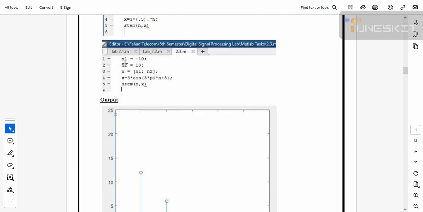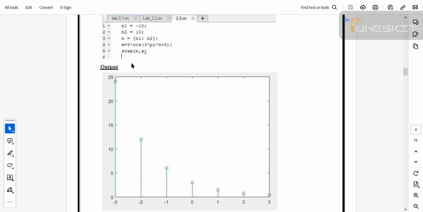For the second part, we have n1 equal to -10 and n2 equal to 10, so the range is -10 to 10, and the given function is x equal to 3 cos 3 pi n plus 5, that is a cosine function, and we are using the stem command to plot this discrete function. When we simulate this code, we obtain the following graph.